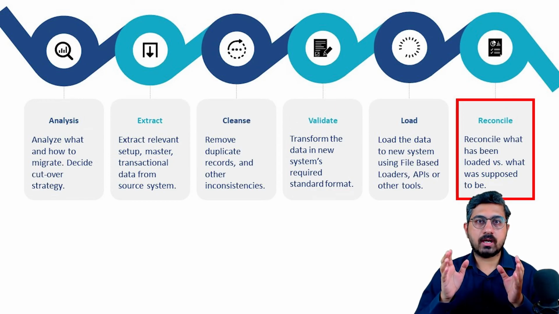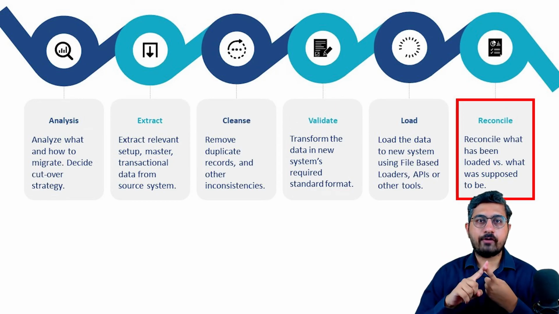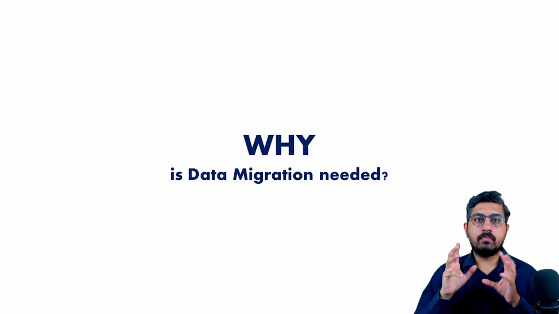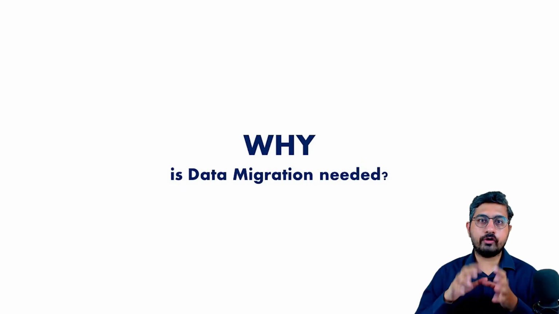So just to summarize, we have seen in this video the why, what, and how of data migration. Why? Because ERP, or the tier 1 ERP at least, is not going to be the first system. Some sort of data will already exist in the organization because the organization is already running the business even before this system is implemented. That's where the data migration is needed.